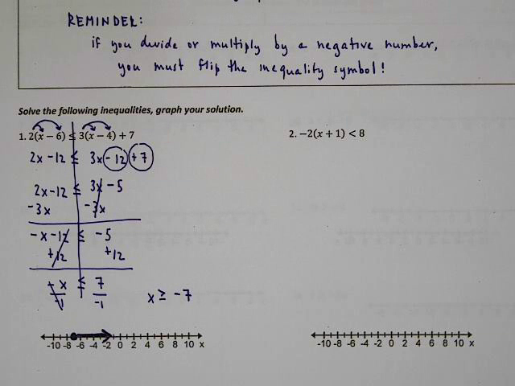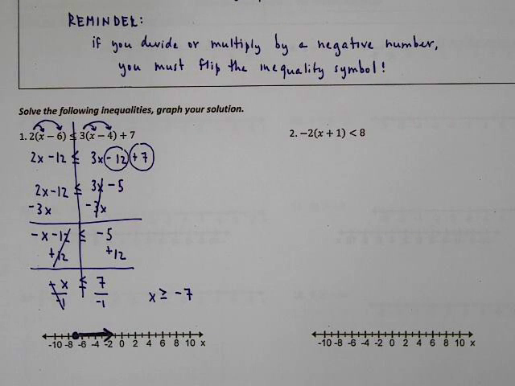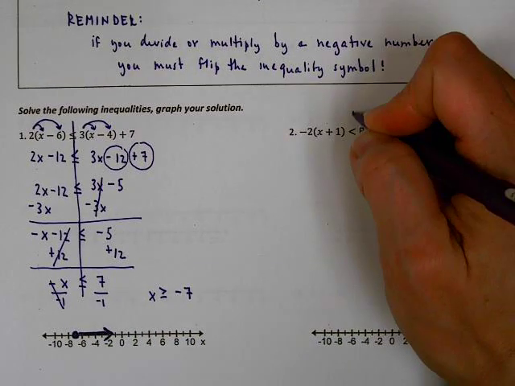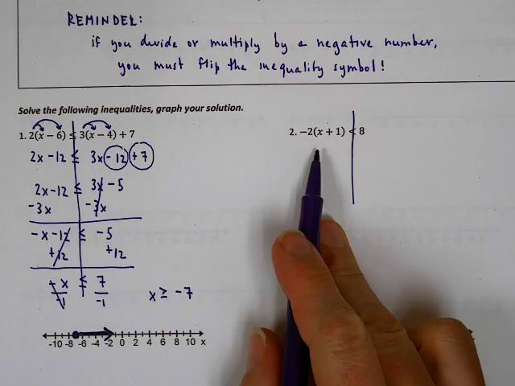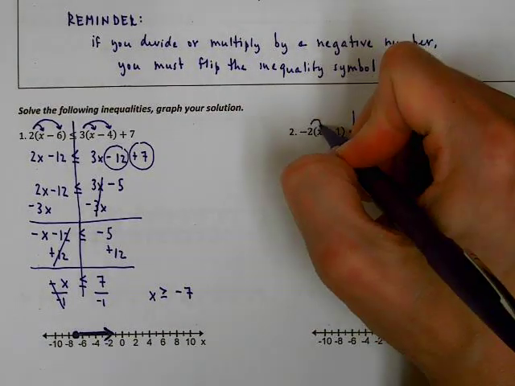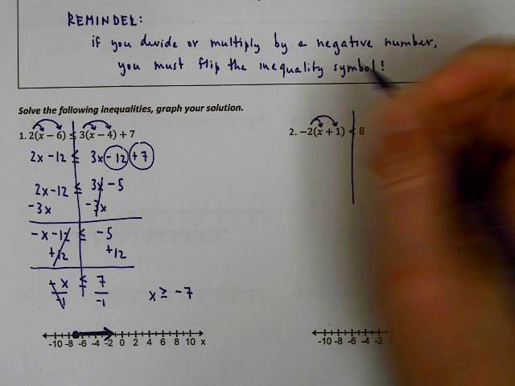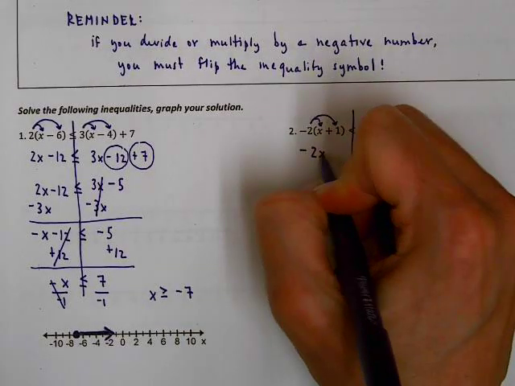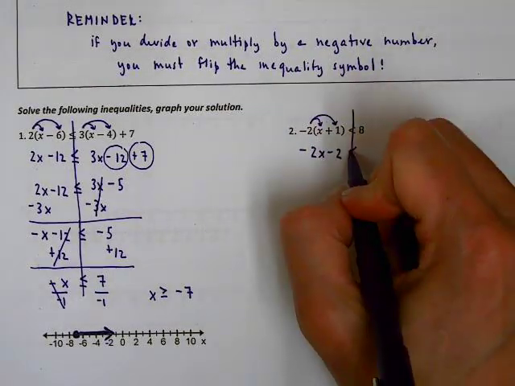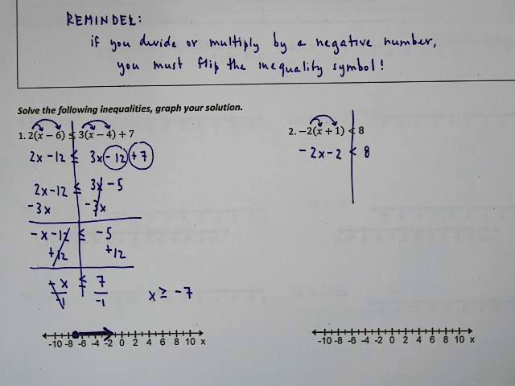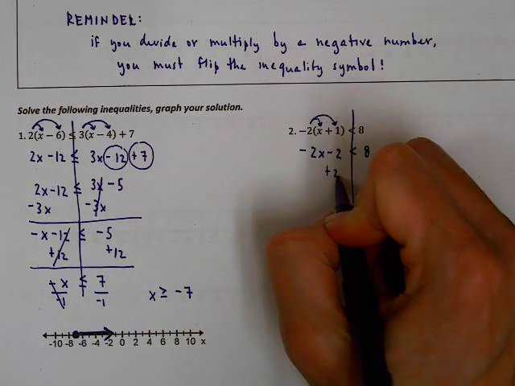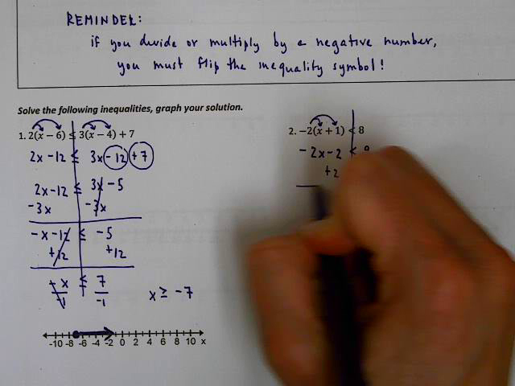All right, number 2, now by comparison, is a much easier problem. I see I only have one set of parentheses, so I'm going to go ahead and distribute. So I get negative 2x minus 2 is less than 8. I'm going to add 2 to both sides.